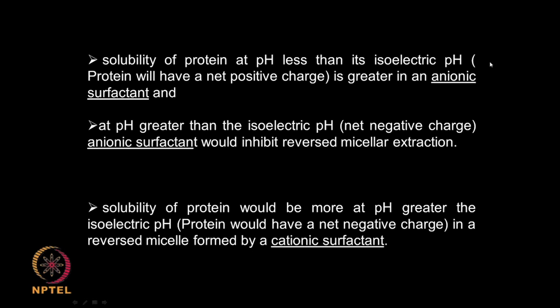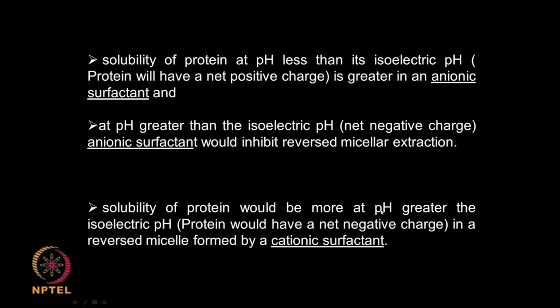But when the pH is less than the isoelectric pH, the protein will have a positive charge, and the solubility is greater in an anionic surfactant. So if you are working at a pH less than the isoelectric pH of the protein, the protein will have a positive charge, so it is better to have an anionic surfactant. If the pH is greater than the isoelectric pH, it will have a negative charge, and then an anionic surfactant would inhibit reverse micellar formation.